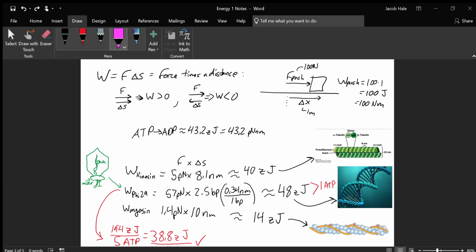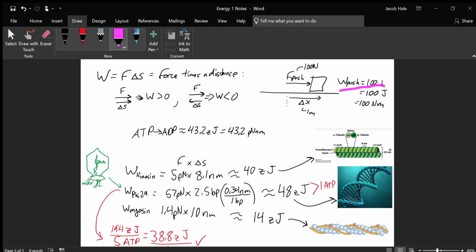Let's suppose we have this box right here. I push it with 100 Newton force, and it goes 1 meter. So that's that 1 meter right here. If I calculate it, the work done is simply the force times the distance traveled.